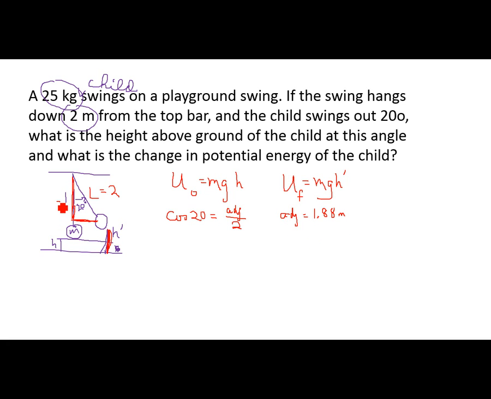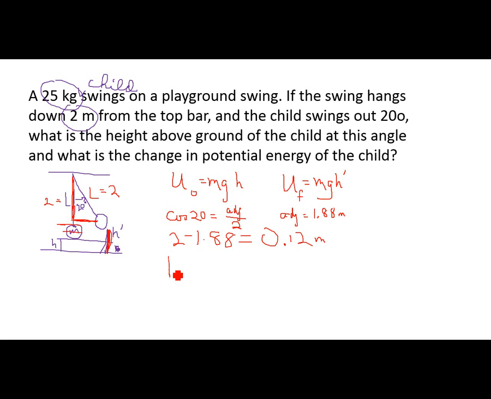Now the original length was 2 meters, so that's the original purple line. The red line is 1.88, so the difference between the height here and here, or center to center, is going to be 2 minus 1.88 equals 0.12 meters. That's how much higher from the original h that the child rose, right?